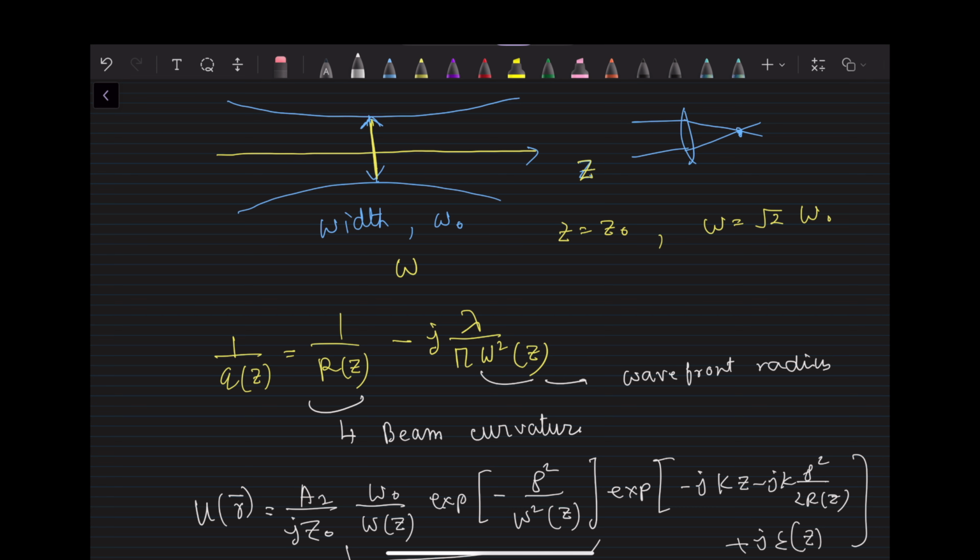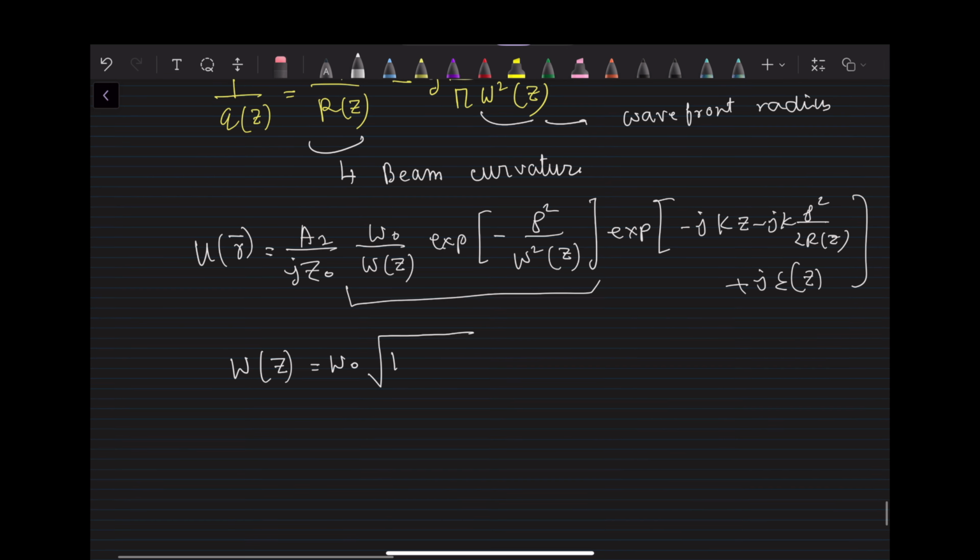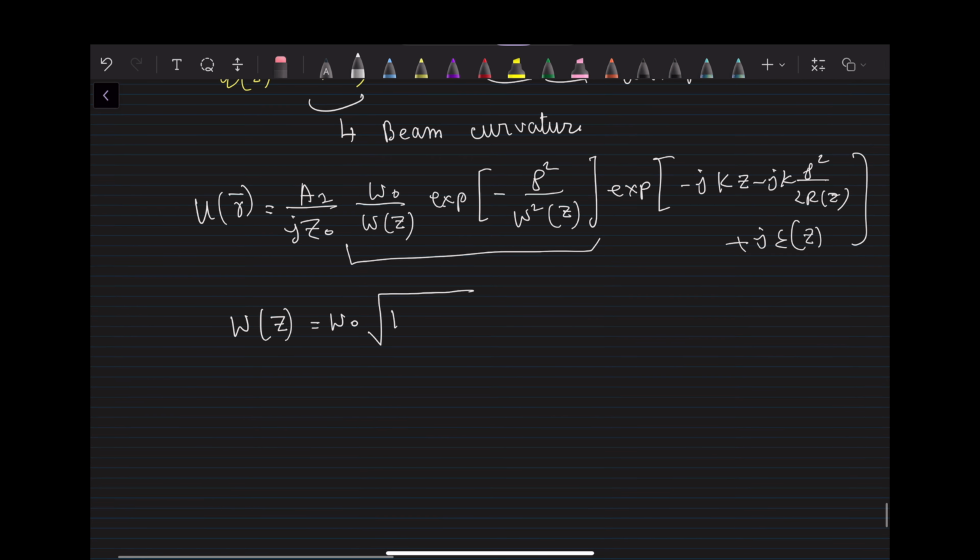That's really important in optics, and we want to know exactly how things are at different distances.